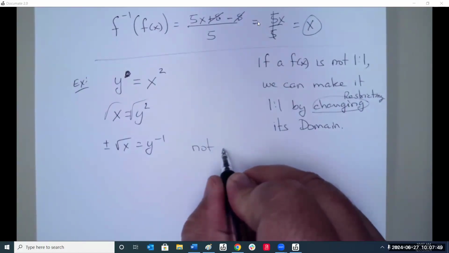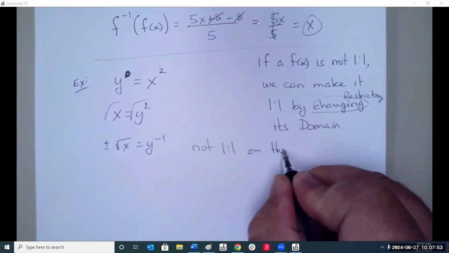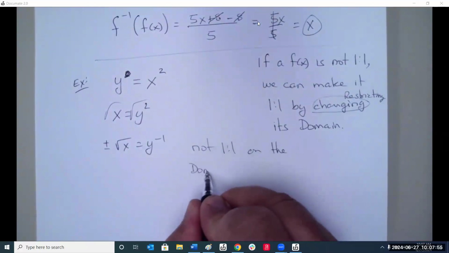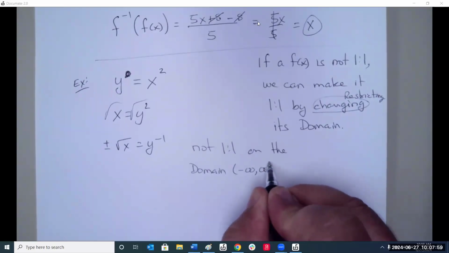It's not one-to-one on the domain of negative infinity to positive infinity.